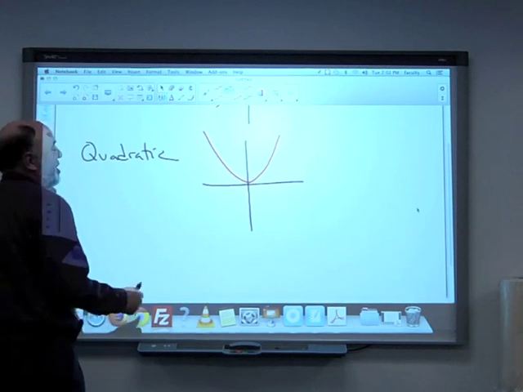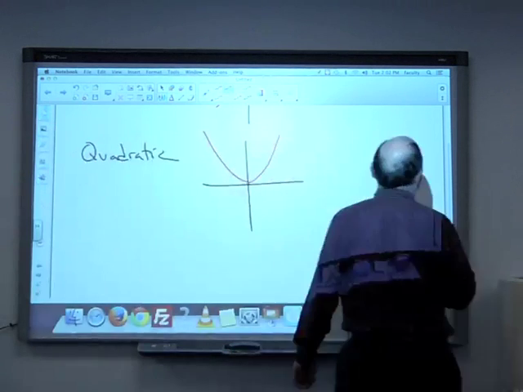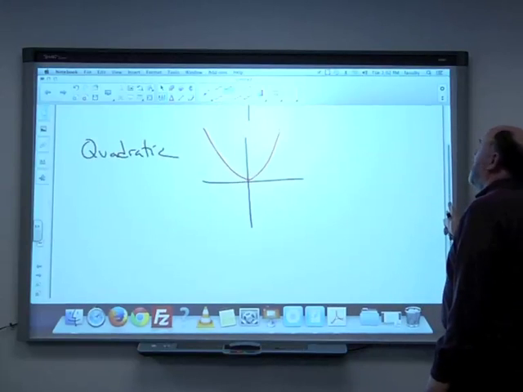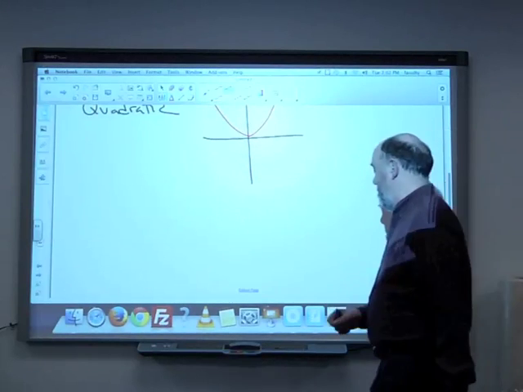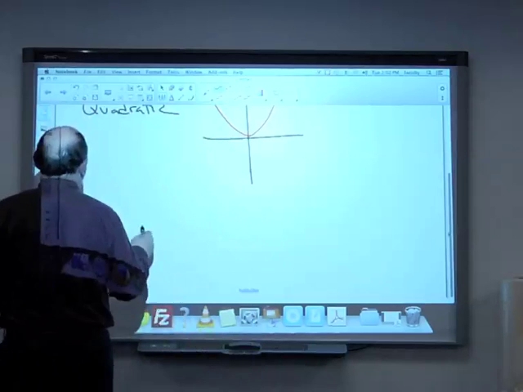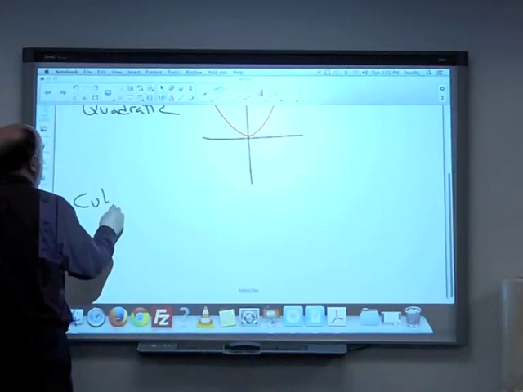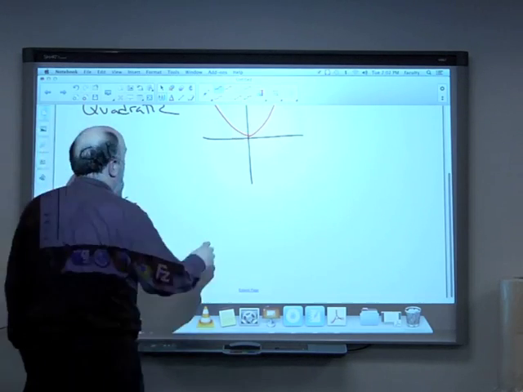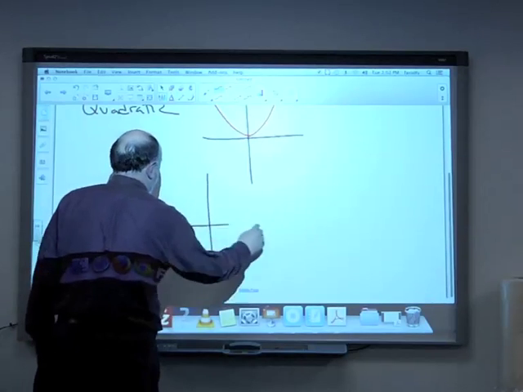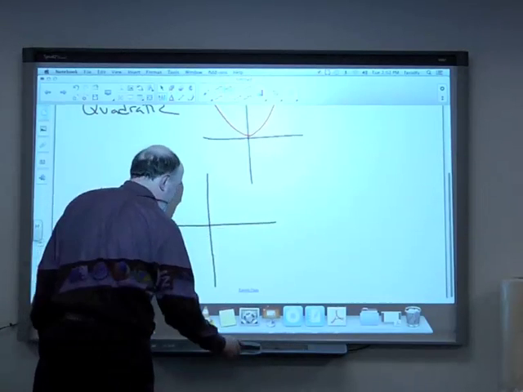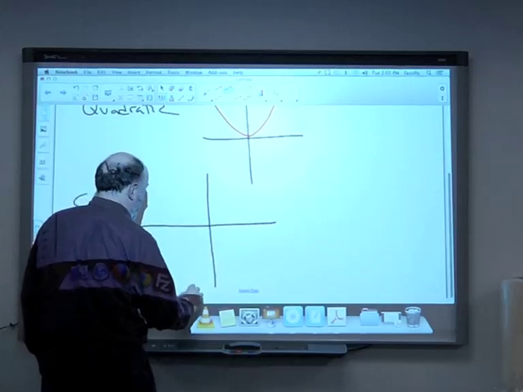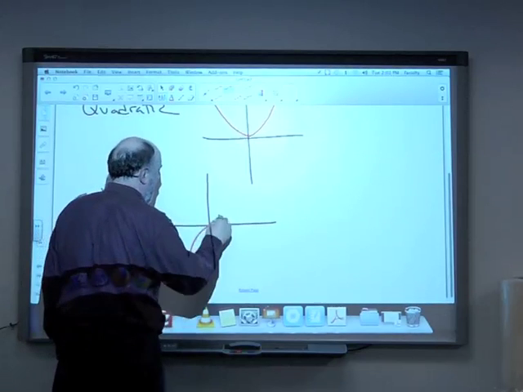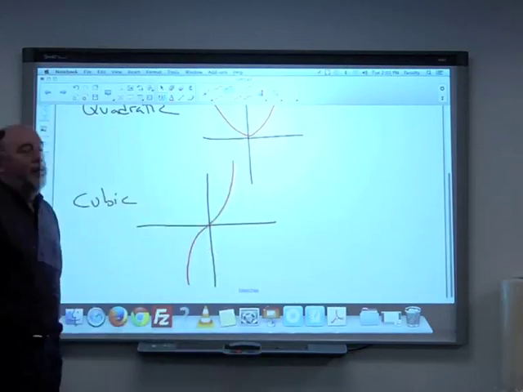And then the next one is a cubic function. And so for cubics, the basic shape is going to be like that.